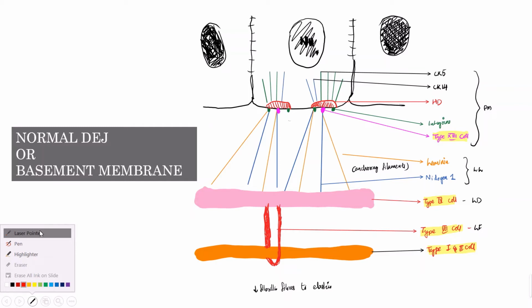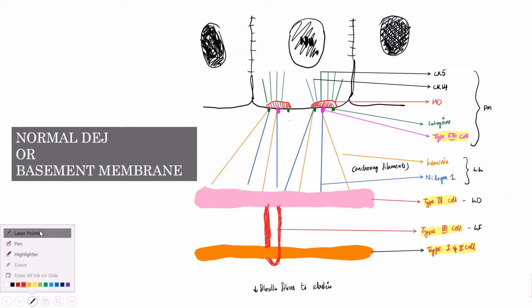Now the clinical features, it presents with large tense bullae on erythematous or non-erythematous areas. Erythematous and non-erythematous areas are stressed here because of a different type of classification which we will discuss in the microscopy. And it can be Nikolsky sign negative because it's a subepidermal lesion.